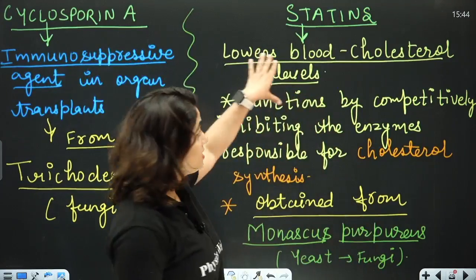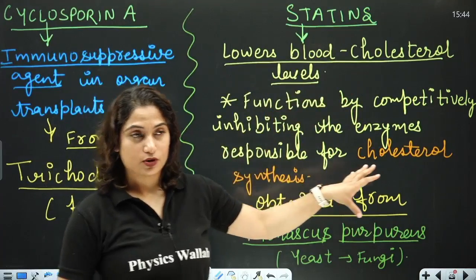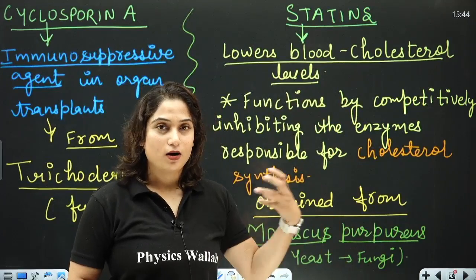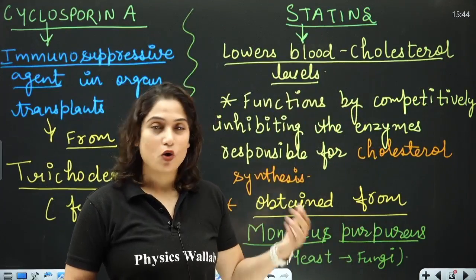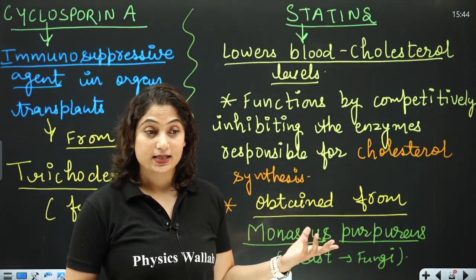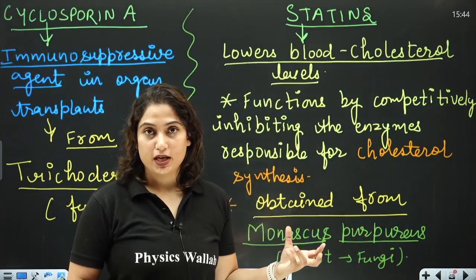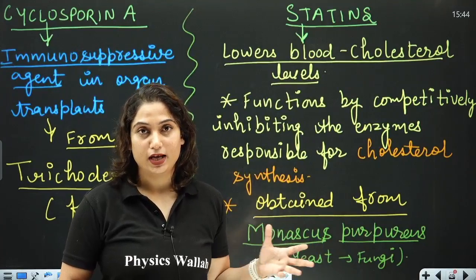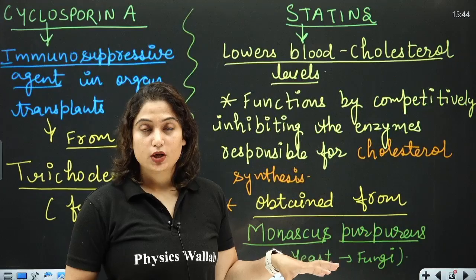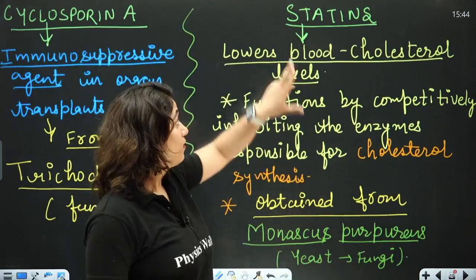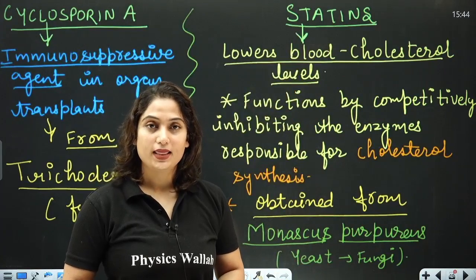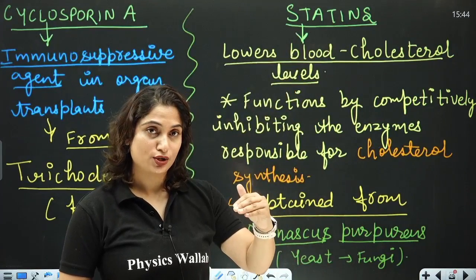Then come statins, again very important. What happens when certain people get heart attacks? They are monitored. One of the reasons for heart attack is the increase in the blood cholesterol level, which can block the arteries, right? So to reduce the cholesterol level in the blood, statins are used. Now the question comes, how do they reduce the level of cholesterol in the blood?